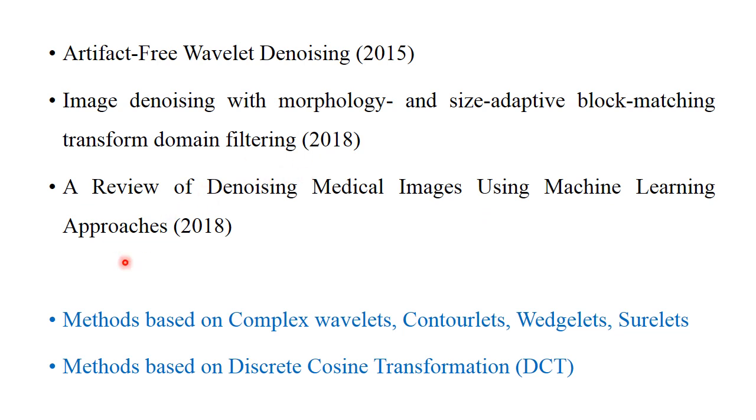There were several other transforms which I must mention that can work with respect to denoising. That involves the complex wavelets, contourlets, wedgelets, surelets, and also the discrete cosine transform. Contourlets, I will just take this one for example's sake.